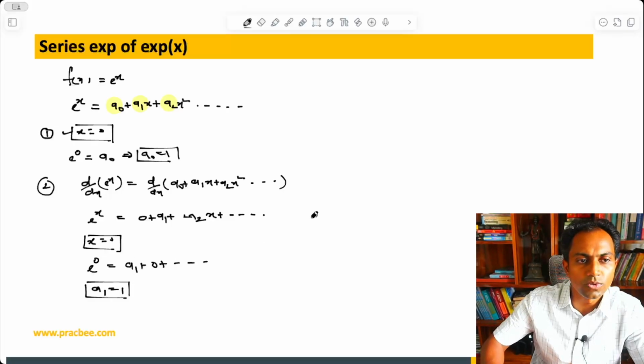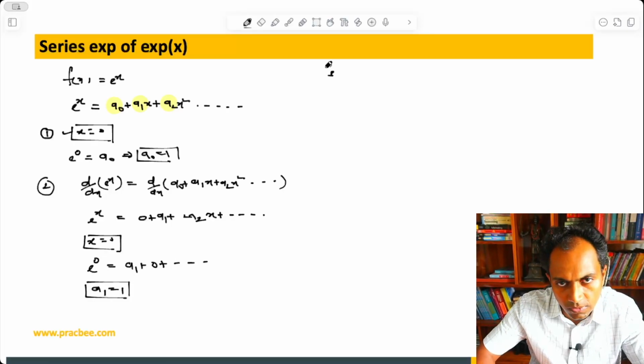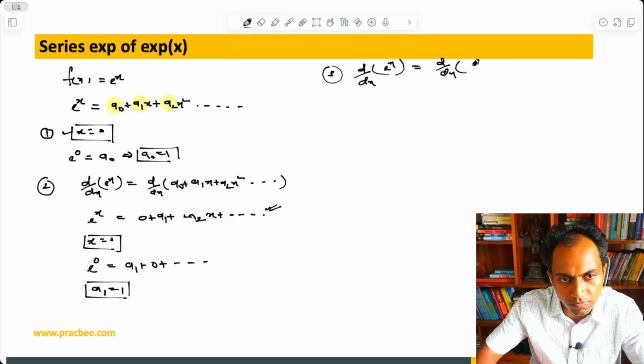We have done it 2 times, let us do one more time. So third time is a charm. Again, whatever we got here, this series we are going to differentiate. So we are going to differentiate e raised to the power x on the left hand side. And on the right hand side, what we have is nothing but a1 plus 2a2x, so on and so forth.